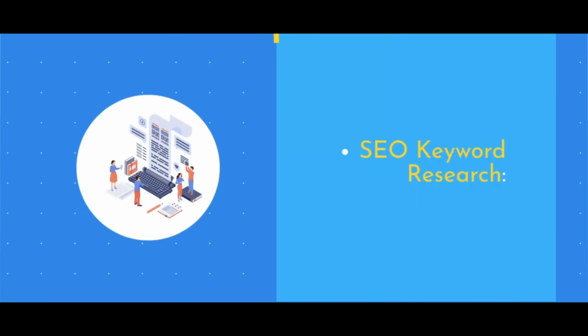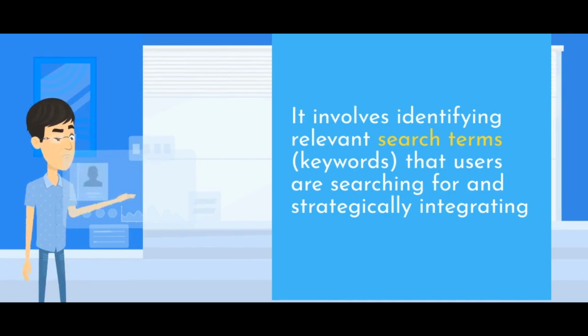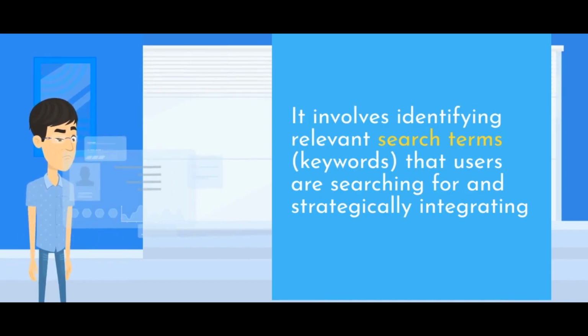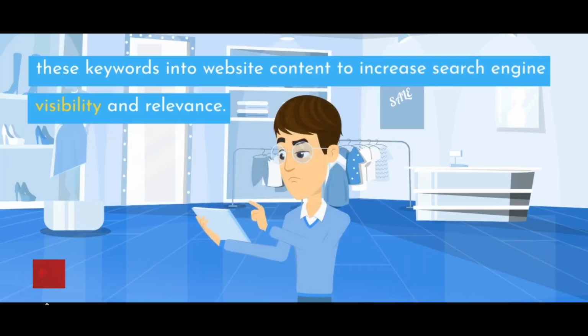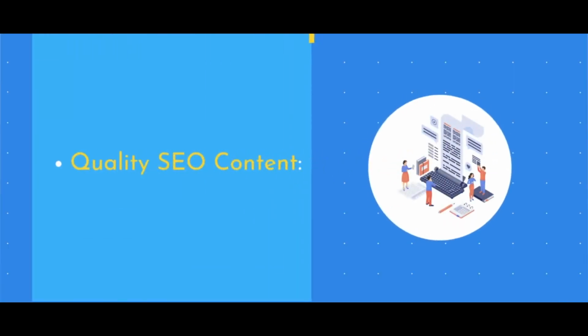SEO keyword research. It involves identifying relevant search terms, keywords, that users are searching for and strategically integrating these keywords into website content to increase search engine visibility and relevance. Quality SEO content.